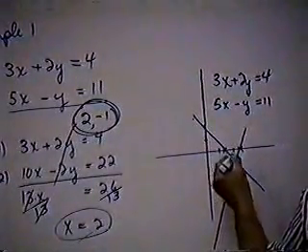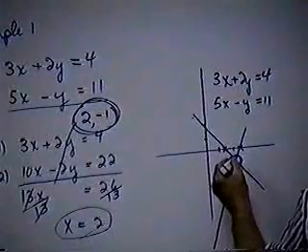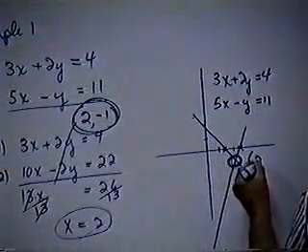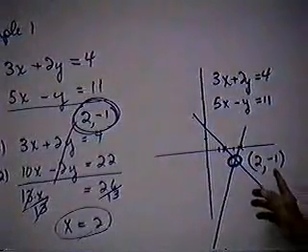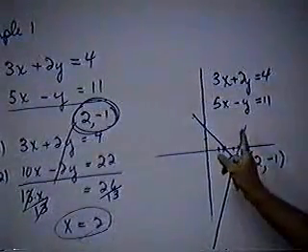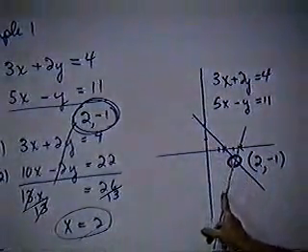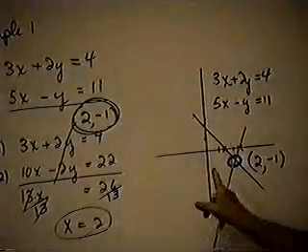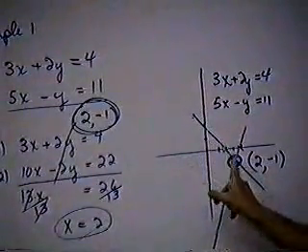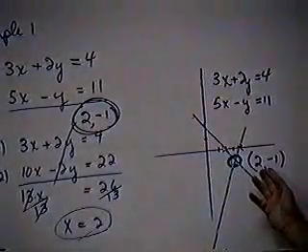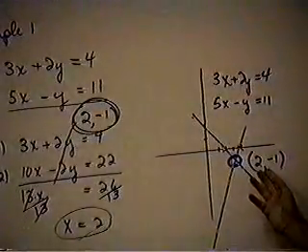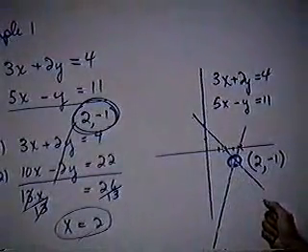Right here, where they intersect, the point of intersection is that value 2, minus 1. So this solution set right here is the only point on this line that is also on this line. So what we have found is the solution. What we have found is the intersection of the two lines.